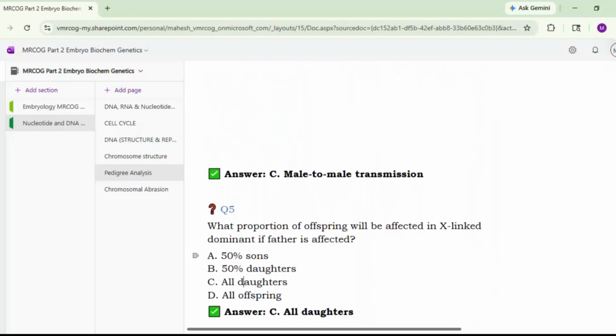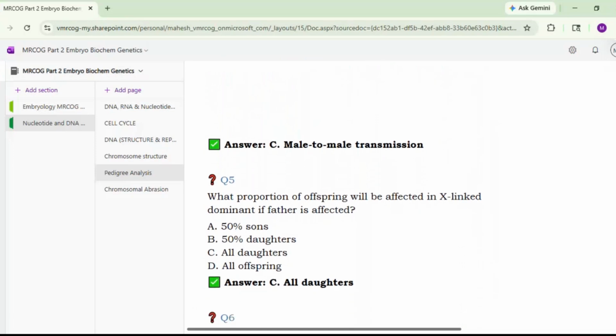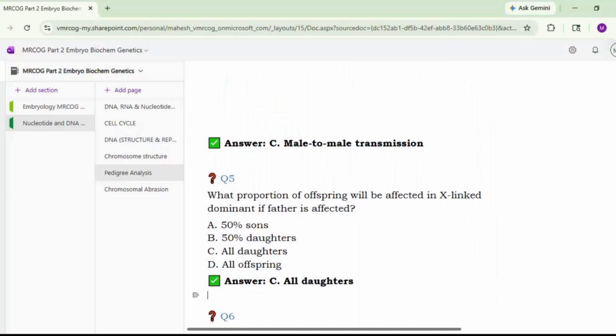Next. What proportion of offspring will be affected in X-linked dominant if the father is affected? If the father is affected, all daughters will be affected, sir. Yes. All daughters will be affected. Okay.